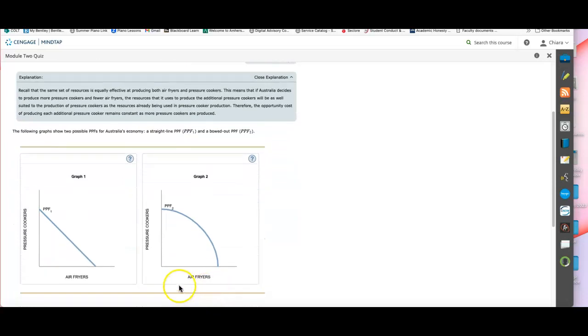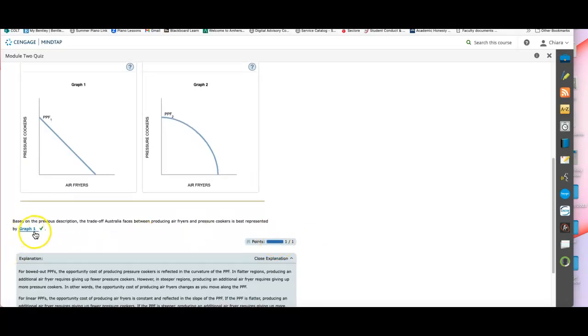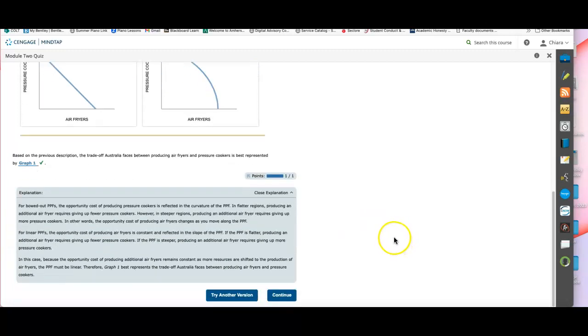And if it asked about increasing air fryers, the bottom one, we would have said that the opportunity cost increased. If it asked you about pressure cookers, we would have said that the opportunity cost decreased. And then we would have selected graph 2 for the second part of the question.